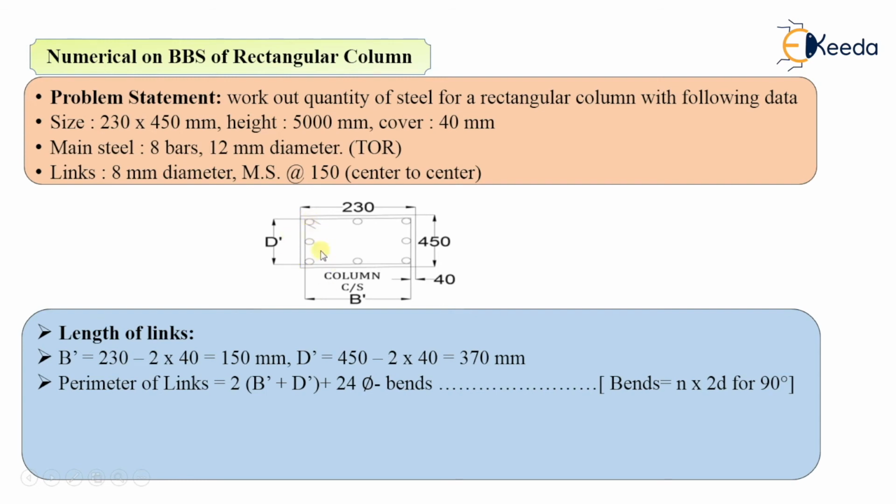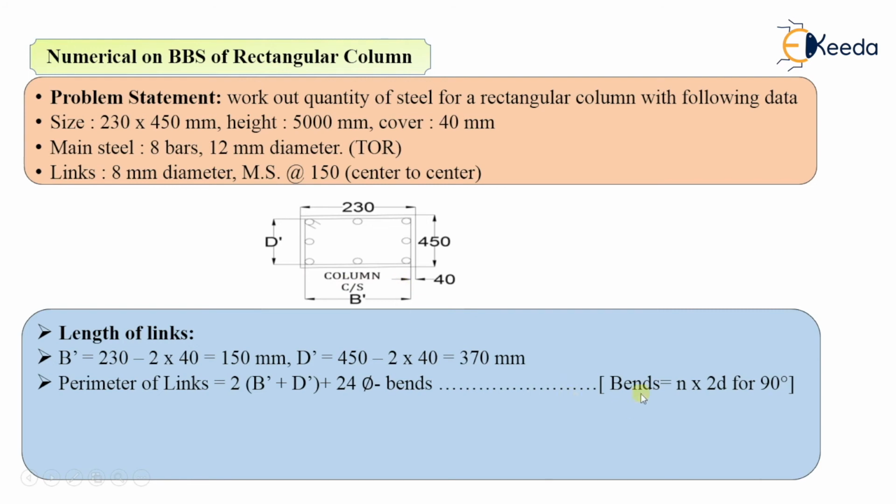So how can you calculate that? It is taken as 24 phi, and you have to deduct the bends also. See, there are 90-degree bends, and there are 3 such bends, at this point and this point, and it is taken as 2D.